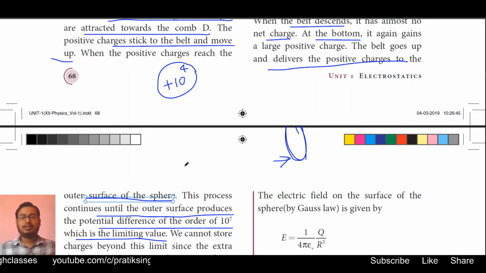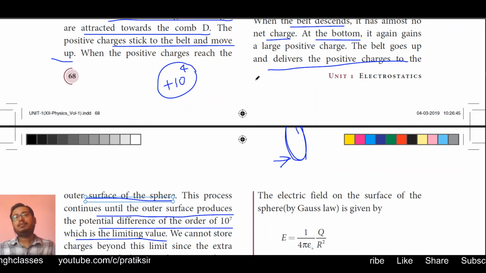First it takes 10 to the power 4 volts from below, from the external source, and then it goes to the top and is accumulated, adding up with every round trip, and then it reaches a limit of 10 to the power 7 volts. This 10 to the power 7 volt is for the dome, not for the belt.